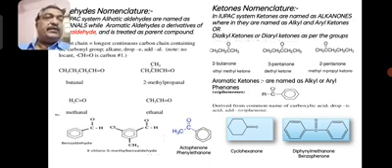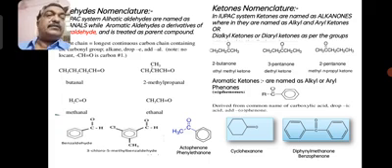Then ketones, where the two groups may be CH3 and CH3 for acetone, and C2H5 and CH3 is ethyl methyl ketone. They may be named according to IUPAC naming, numbering 1, 2, 3, 4, 5, 6 for a long chain hydrocarbon, and the position of the carbonyl group is given a specific number.